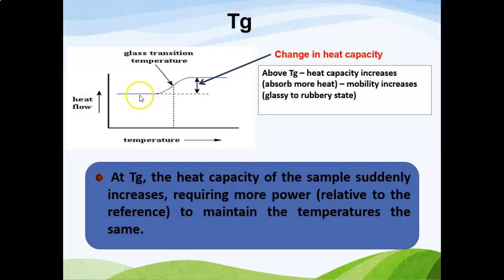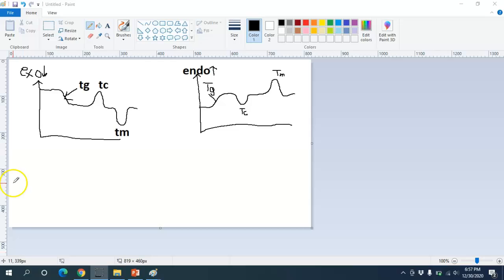So if endothermic, the Tg goes upward, it rises like this. If the arrow is downward, it is exothermic, so the Tg does not go up like this, it goes down like this. At Tg, the heat capacity of the sample suddenly increases, requiring more power to maintain the temperature the same. To show you some tricks.